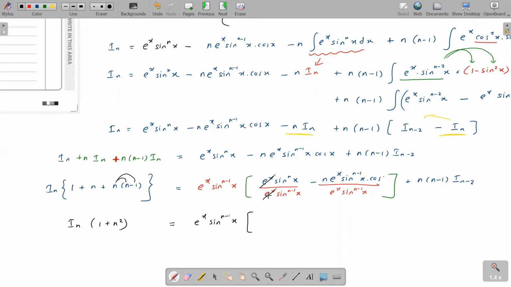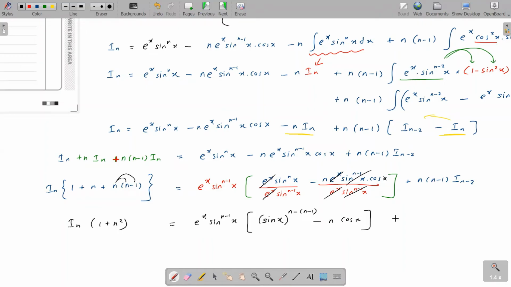But what about sin^n x divided by sin^(n-1) x? When you're dividing, the powers are subtracted. So we can write the power n minus (n minus 1). Are you with me? Division means powers are subtracted. Here also e^x cancels, sin^(n-1) directly cancels. So you get minus n times cos x.